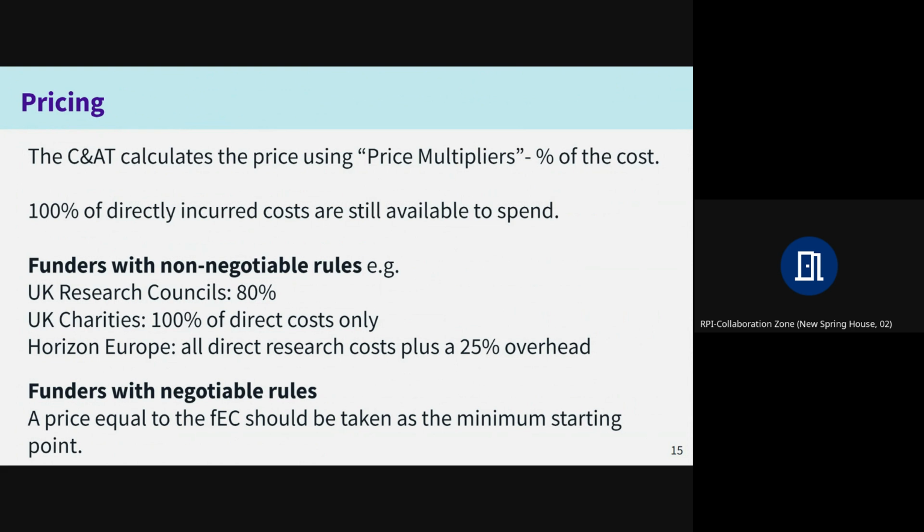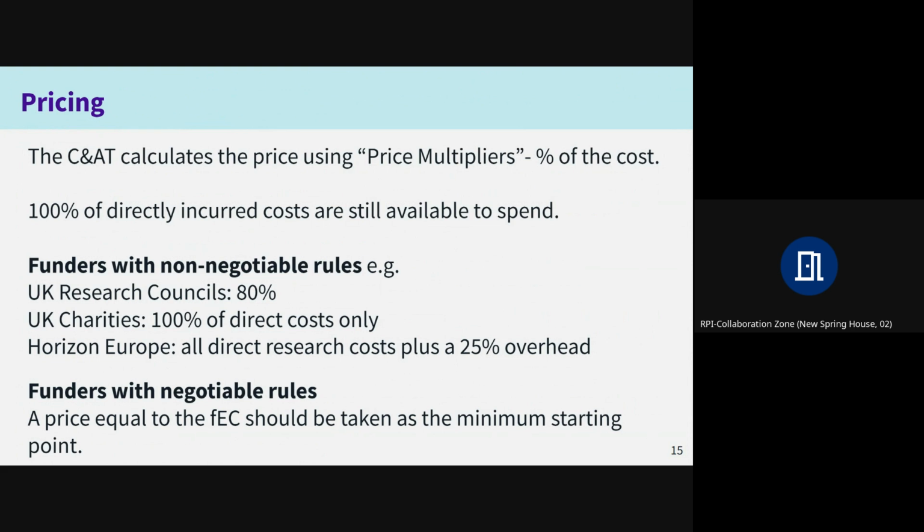We've got those with non-negotiable rules, like research councils, and those with negotiable rules, which means that they sort of don't have rules to some extent. Which makes it really difficult because then we've got to determine our own rules. And it's worth mentioning there is actually a project at the moment to develop a proper pricing policy so that we can have our own parameters under which we apply to these ones that don't have their own rules.